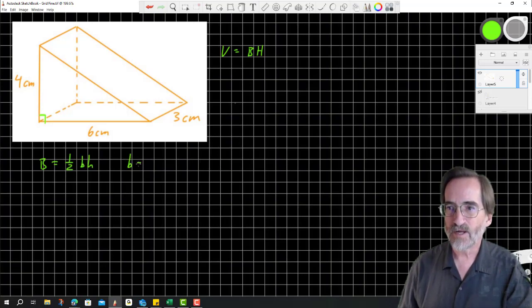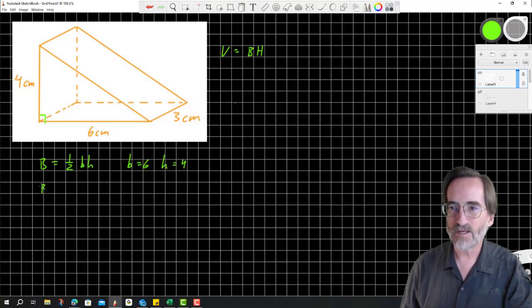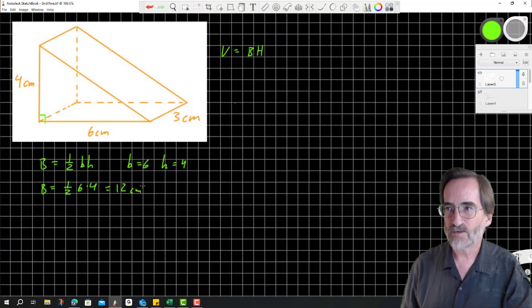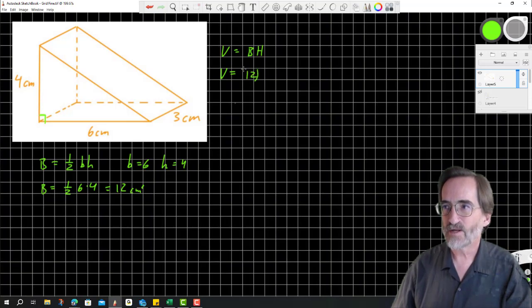The base of the triangle is 6, and the height of the triangle is 4. So the base, capital B, of the prism is 1/2 times 6 times 4. Half of 6 is 3. 3 times 4 is 12. 12 square centimeters.